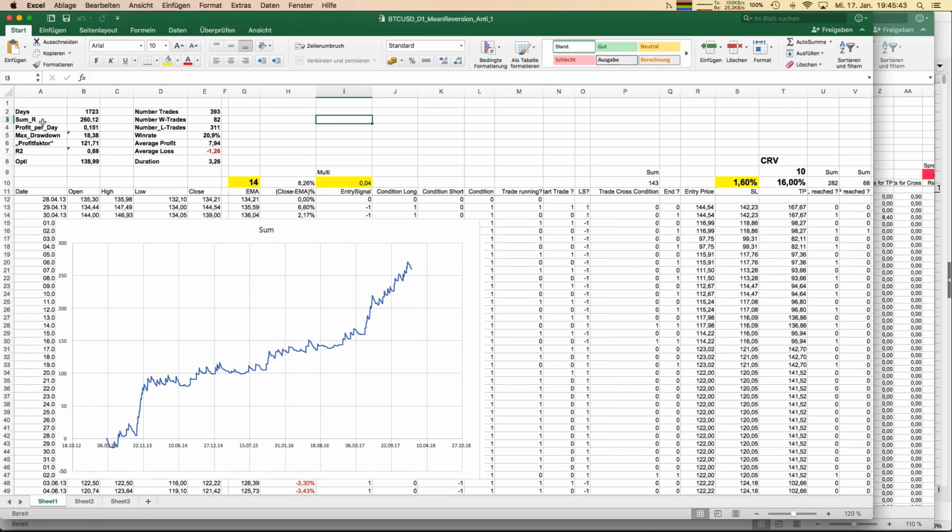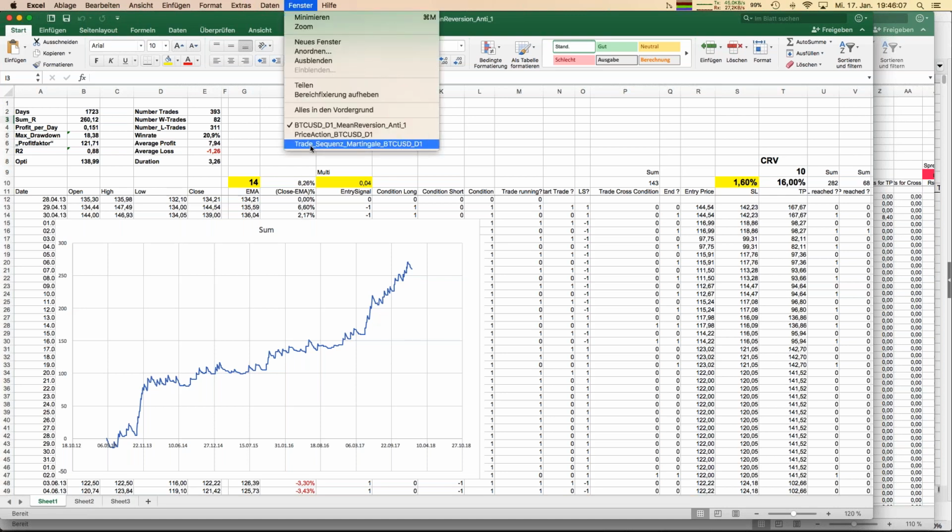Sum of R's profit is 260 at 18 maximum drawdown. Not that bad, especially during the last couple of months. So for about 1 year, we have a huge increase in profits for that kind of strategy. So it's worth going for that.